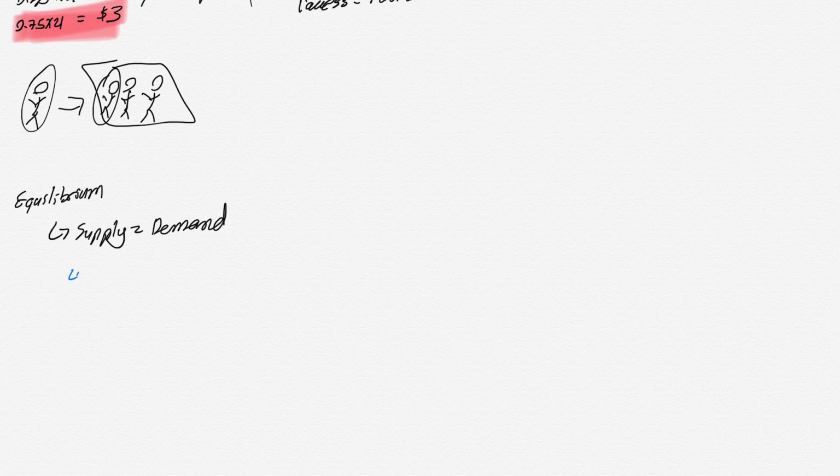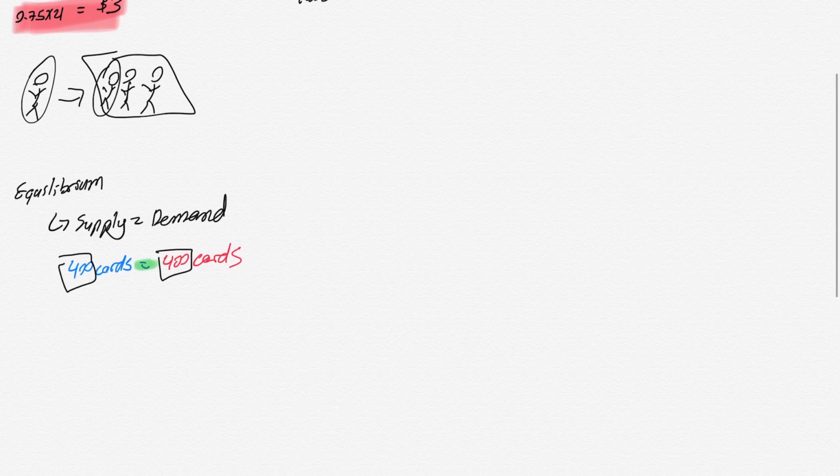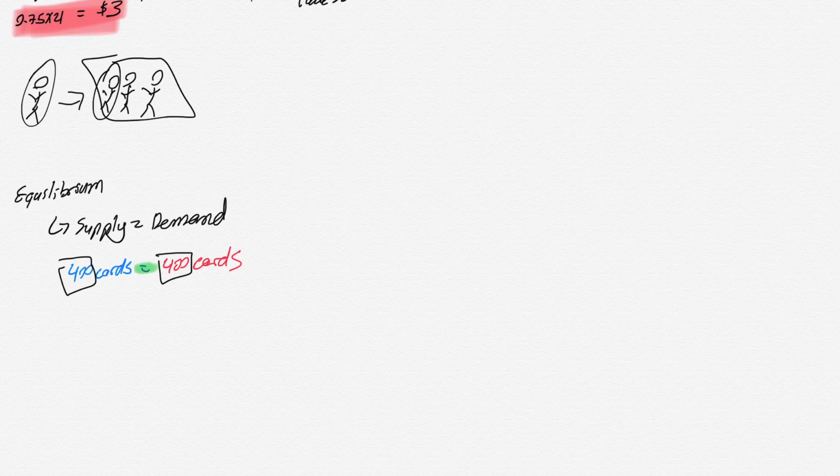If we have 400 cards, let's just say playing cards, and the people demand 400 cards, we are equal. And this is what we would refer to as equilibrium, because this here equals this here. We haven't wasted any money in production costs, and the demand is met.